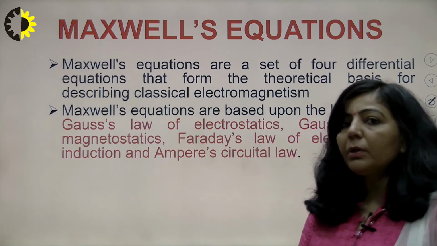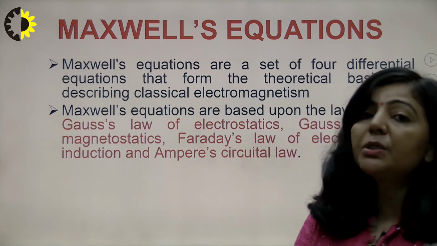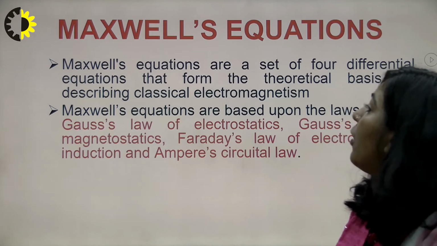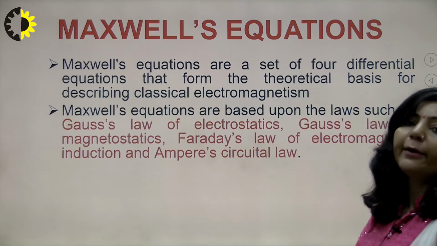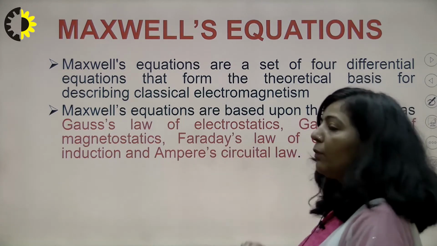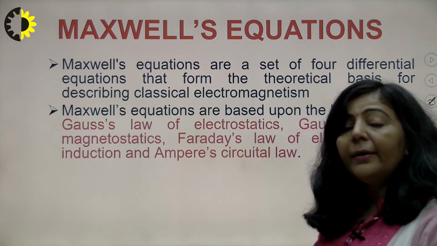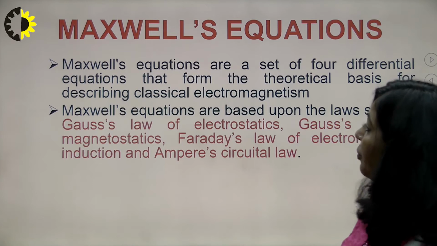So Maxwell equations, what are these equations? These equations are the differential form of these four laws mentioned in this particular paragraph. First equation is the differential form of Gauss law of electrostatics. Second one is the differential form of Gauss law of magnetostatics.